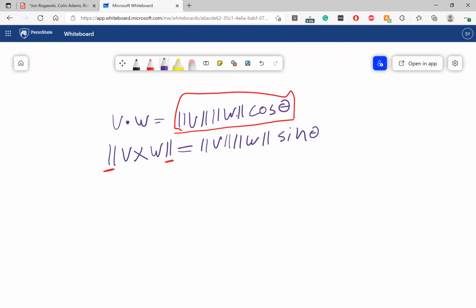And of course, you can use this formula to also find the angle, though I would not recommend it because generally it's easier to find the dot product than the cross product.